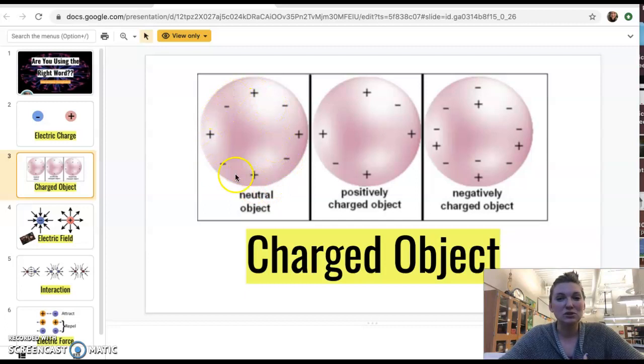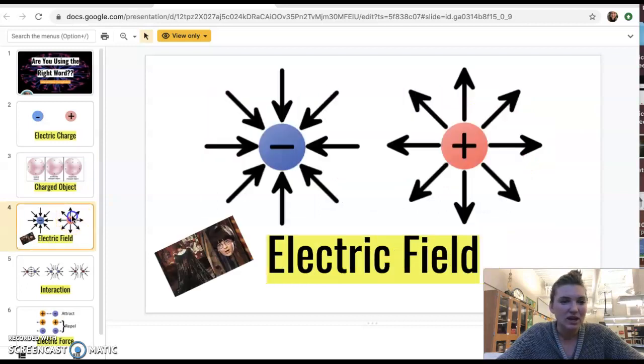So this is a neutral object, or you could say a neutrally charged object, positively charged object, or a negatively charged object, because this one has more positive charge than negative charge, and this one has more negative charges than positive charges, okay?